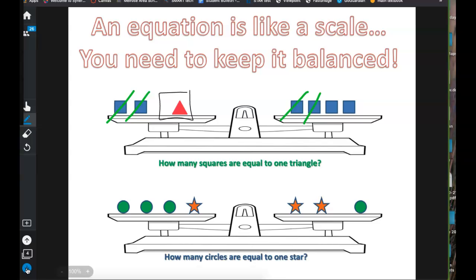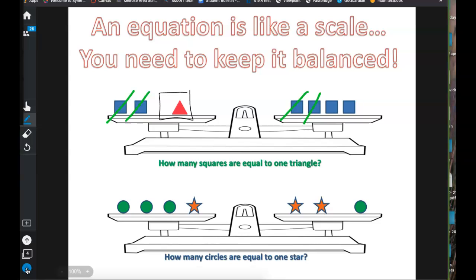So far, we're kind of all over the place here. I've had answers of 1, 2, or 3. Well, it can't be all of them.